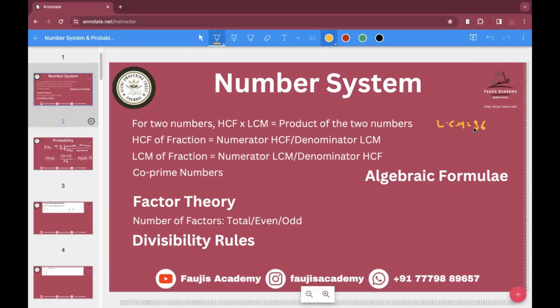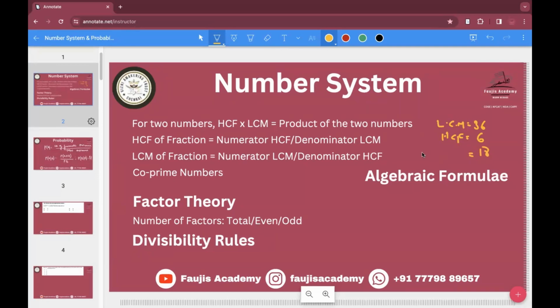LCM is 36. Harishri, look at it. And your HCF is 6.